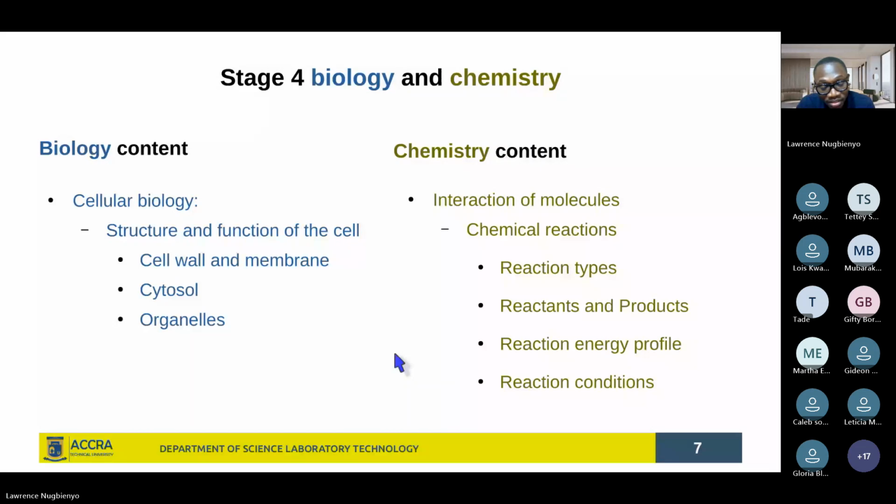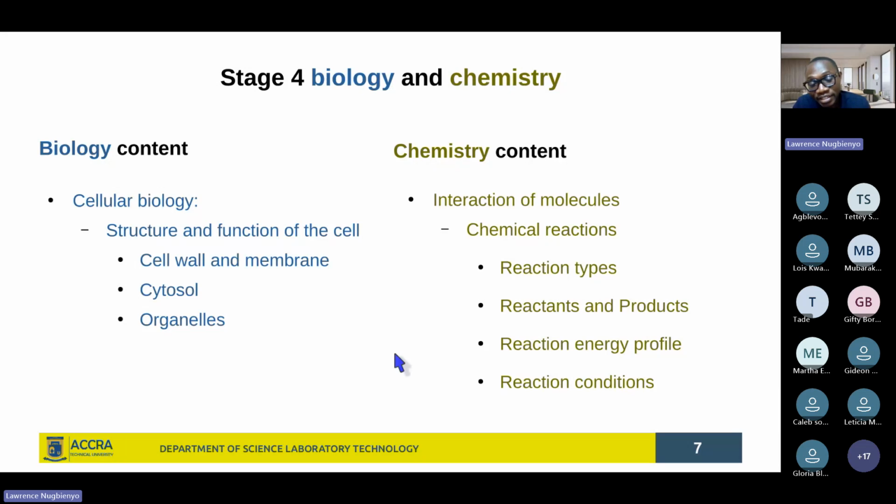Different things that you talk about as far as how reactions are classified. You talk about the reactants and the products in the reaction. Which components are reacting? And when they react, what is the product?